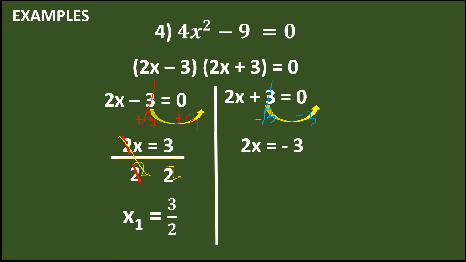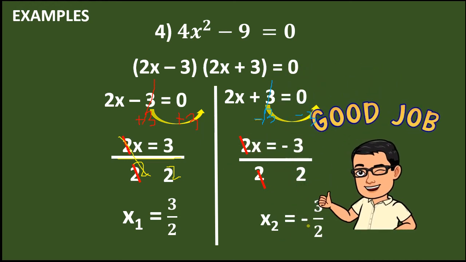After that, to get the value of x, we have to divide both sides of the equation by 2. So we can cancel the coefficient 2 and the denominator 2. What is left is x equals negative 3 halves. So we have positive 3 halves for x of 1. X of 2 is negative 3 halves.